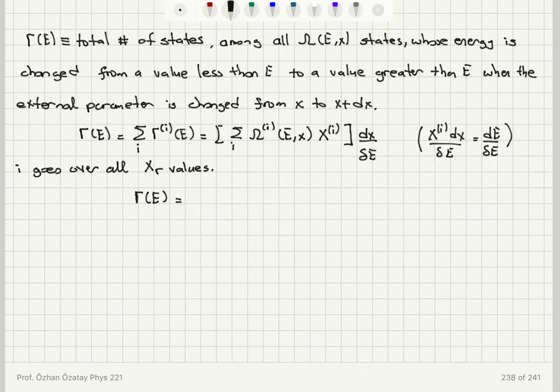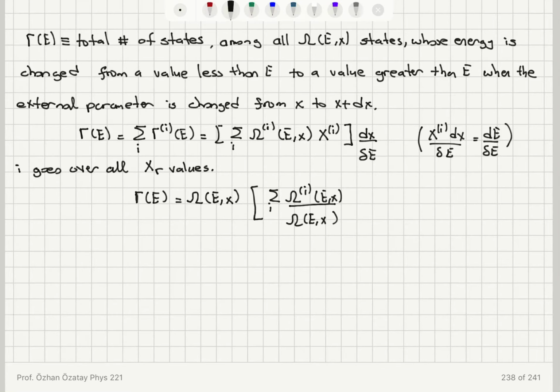If I multiply both sides of this equation by the total number of accessible states, I get the sum over I of omega I E x divided by the total number of accessible states E x.